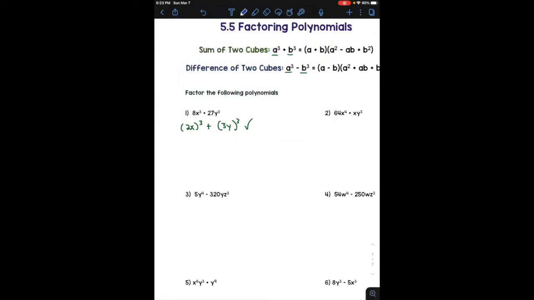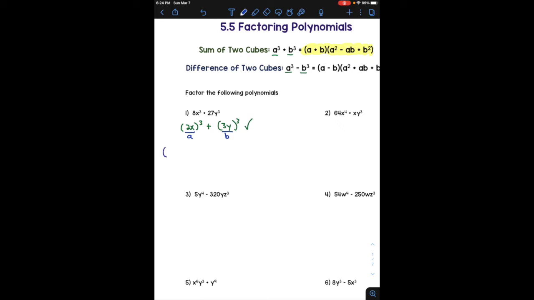Since in this case I can write the binomial as the sum of two terms being cubed, I can then follow along with the model at the top here for the sum of cubes in order to write the two factors, or the two expressions that would multiply together to get our original binomial. In this case, A is the first term being cubed, which is 2x, and B would be 3y.